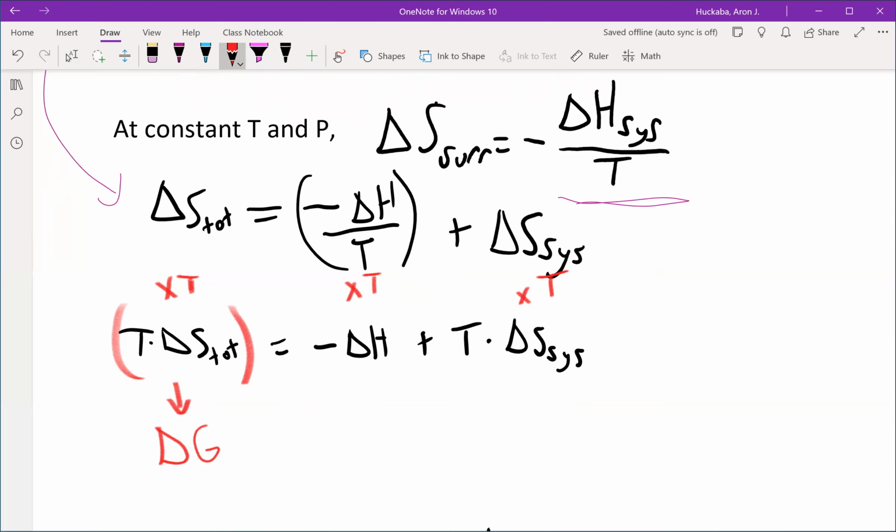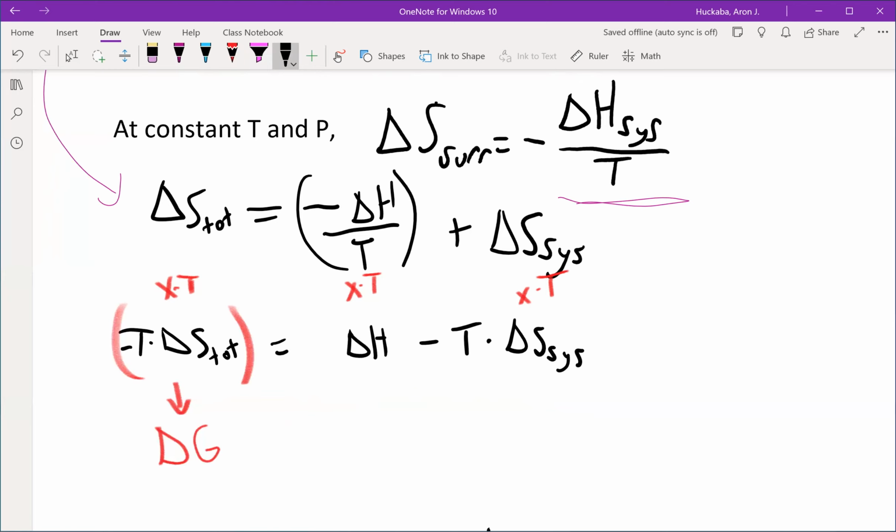Oh, right, it was multiplied by negative T. I'm sorry, I made a mistake there. So it's negative T here, positive delta H, negative T times the entropy of the system.